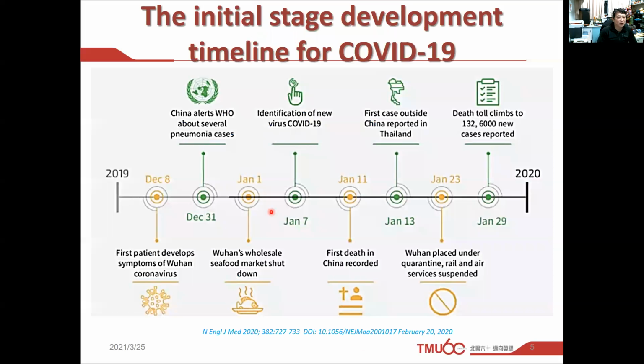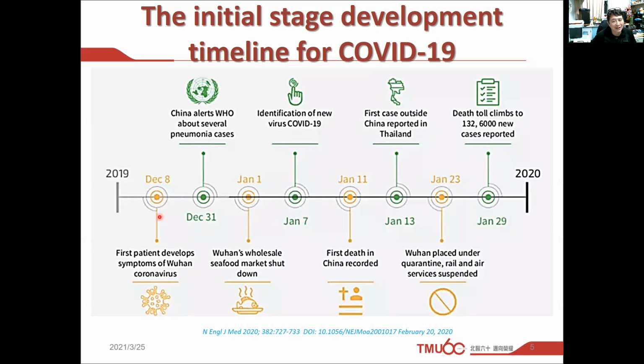Okay, I'm going to use this chart to go over the early beginning of the COVID-19 outbreak. This chart represents the first 2 months, and a lot of events happened in these first 2 months. The patient was diagnosed with the symptoms of Wuhan COVID-19 on December 8, 2019.